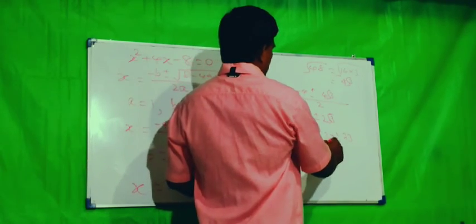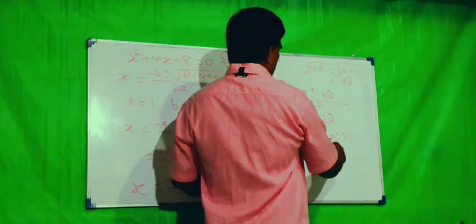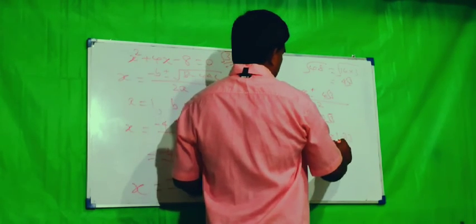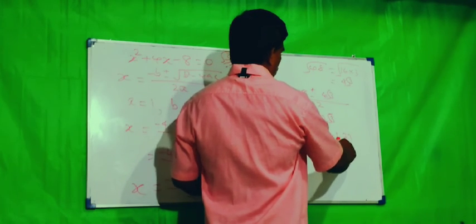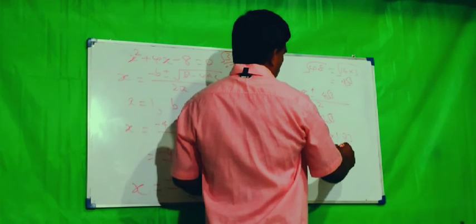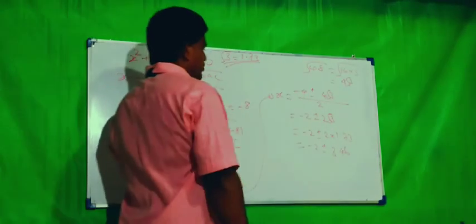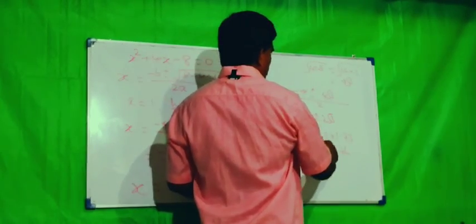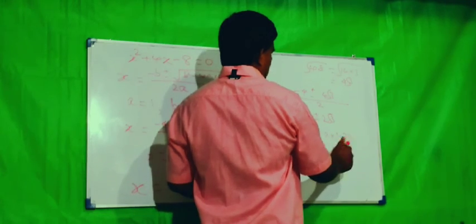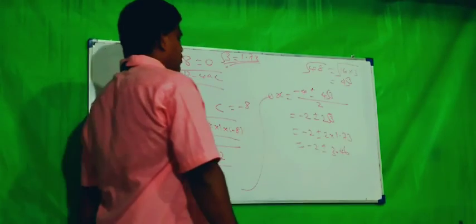Then minus 2 plus or minus the double of this product. 2 into 3 is 6, 2 into 7 is 14, 2 into 1 is 2, and then 3.46.